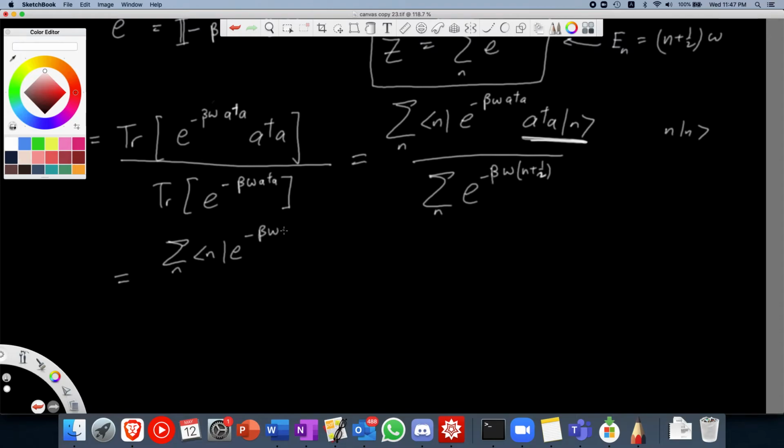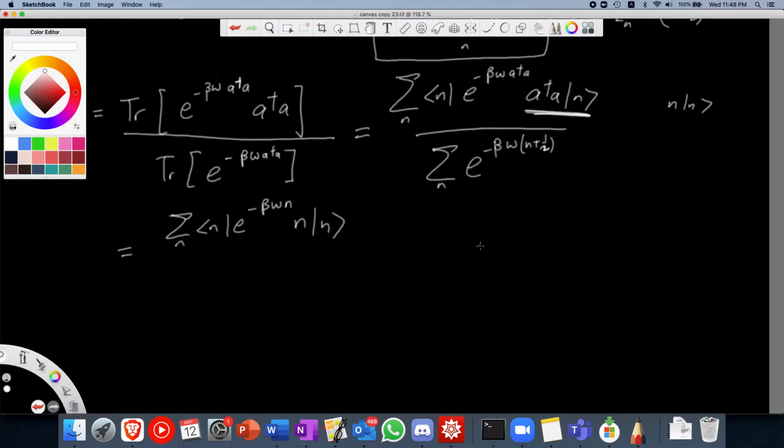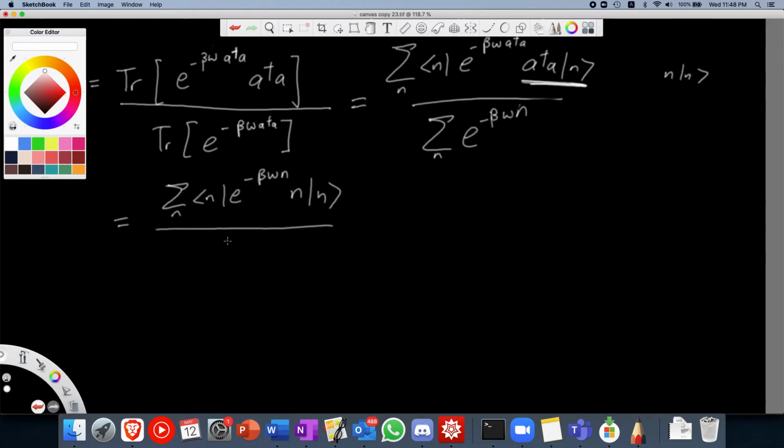A dagger A simply gives us n, and then this is n, and yes. Oh, sorry, there isn't a factor of half over here, I believe. So it's just n. Yes. So we sum over n e to the power minus beta omega n. Then over here, we know the n normalizes, so we can take this out.